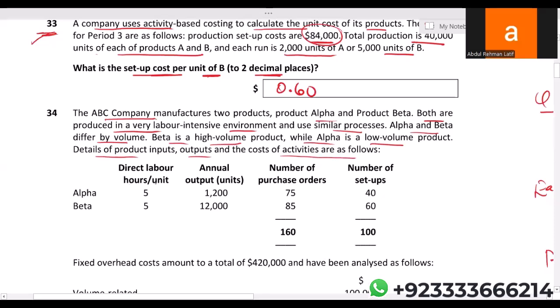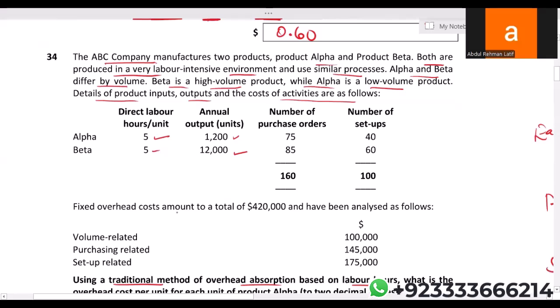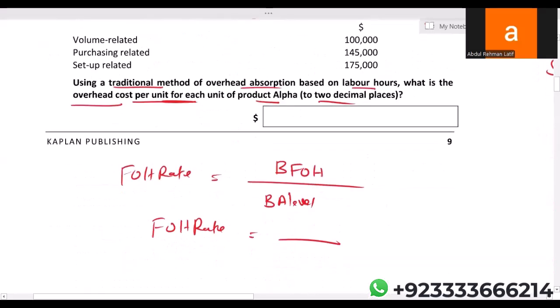Both take the same labor hours per unit, but alpha has a very low volume, just 1200 units. Beta has 12,000 units. Then they have given us the number of purchases, number of setups, and fixed overhead total is 4,20,000.